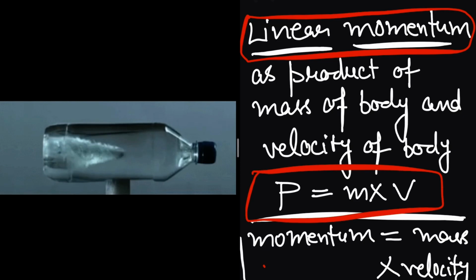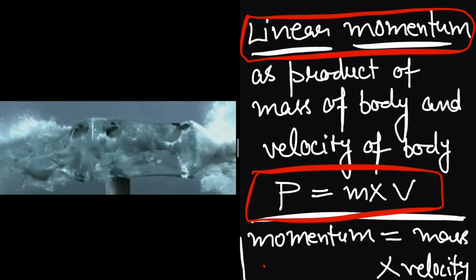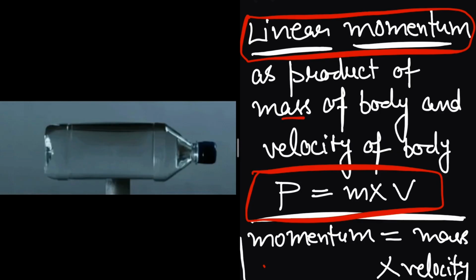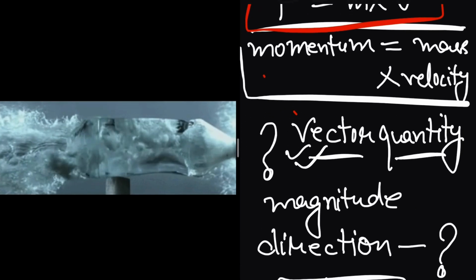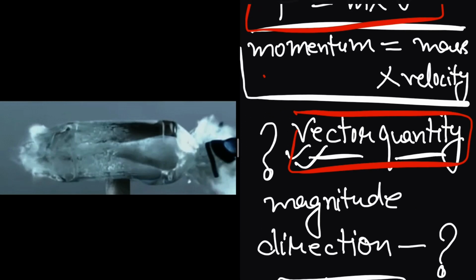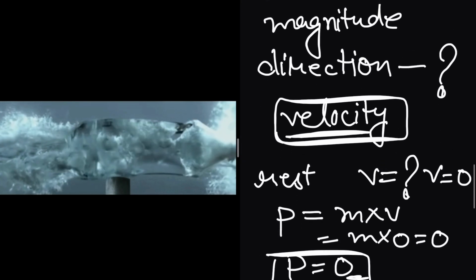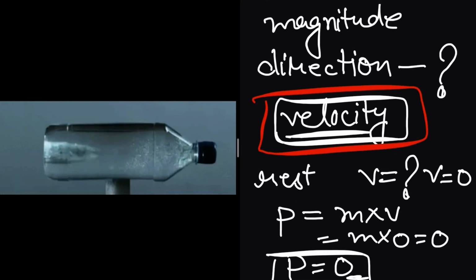So linear momentum is nothing but the product of mass and velocity. This is a vector quantity, students, and its direction is the same as the direction of velocity.